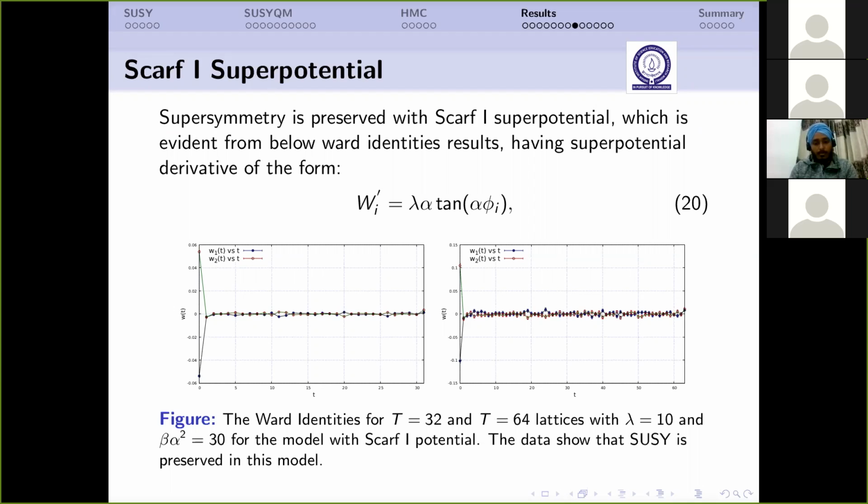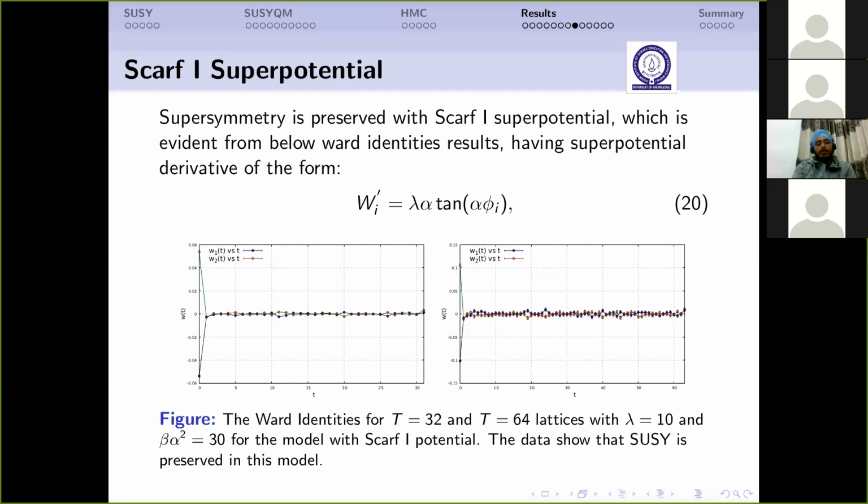That is shown beautifully by these two results of the Ward identities that we present here for 32 and 64 lattice sites. The Ward identities are satisfied in the plateau region that we expect. So supersymmetry is preserved in the Scarf superpotential case also.